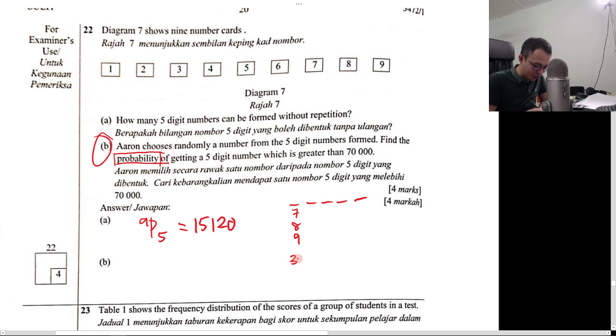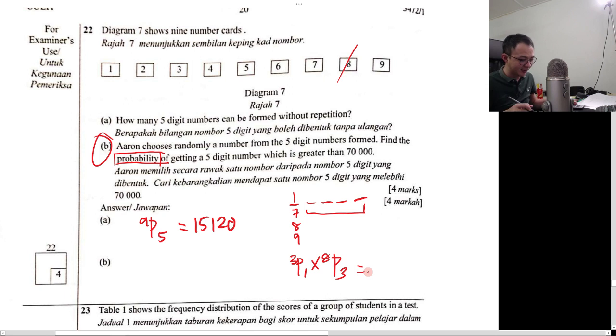So this one is 3P1. 3 numbers, I choose 1 to put here. After I choose 1 to put here, I still have 8 numbers, right? Let's say I choose 8 here. I still have 1, 2, 3, 4, 5, 6, 7, 8. So over here, I have 8 numbers, I want to choose 3. So this is the number of ways of getting a number bigger than 70,000. I type in the calculator, I will get 1008.